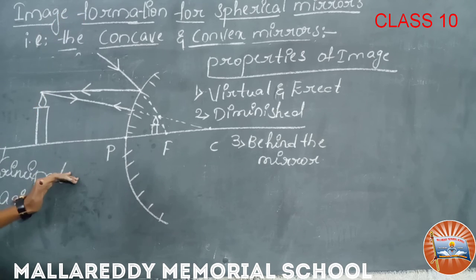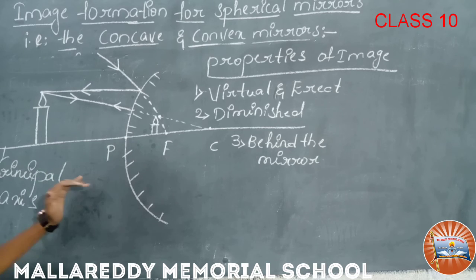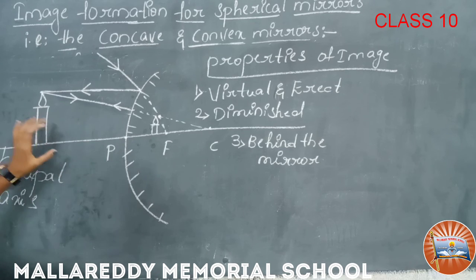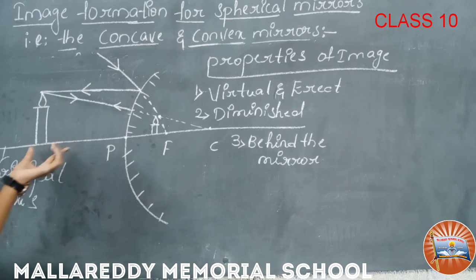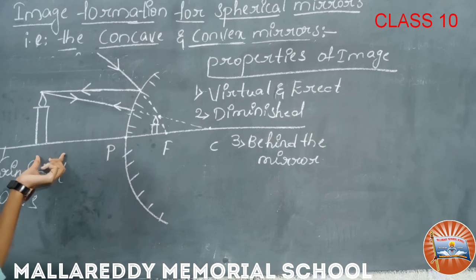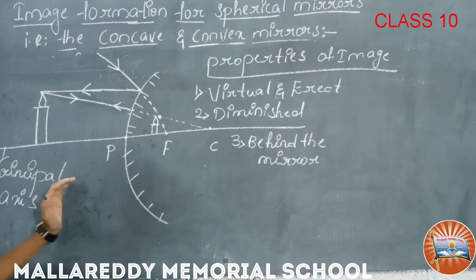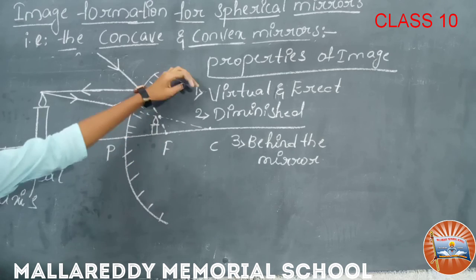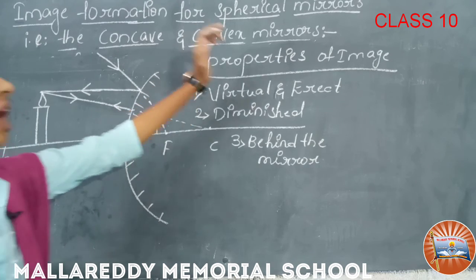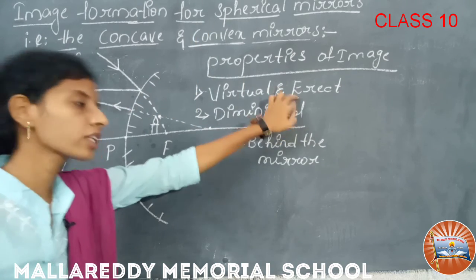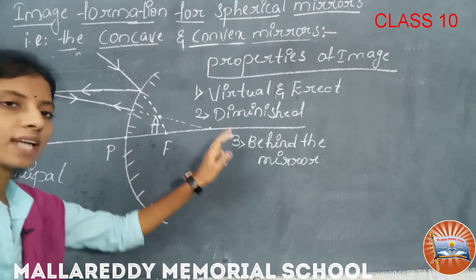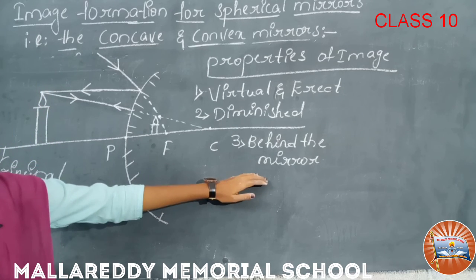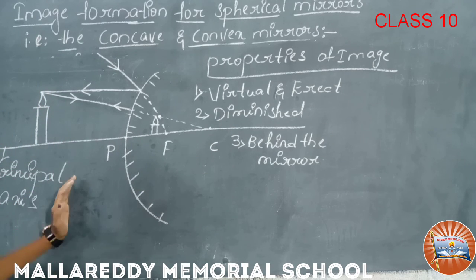So it is very easy to learn the convex mirror, because wherever we keep the object in front of the mirror, we always get the image behind the mirror, and it is always virtual, always erect, and always diminished. Okay, so remember this. These are the ray diagrams for the convex mirror.